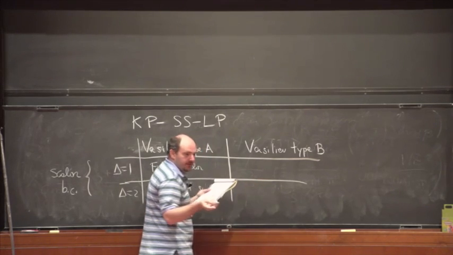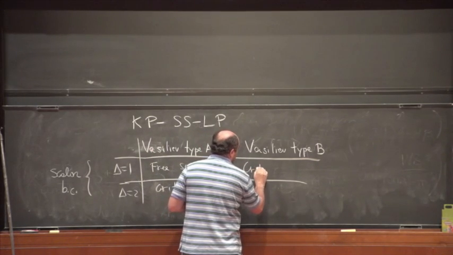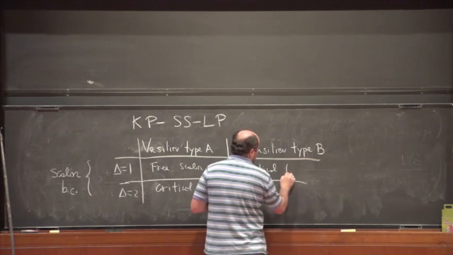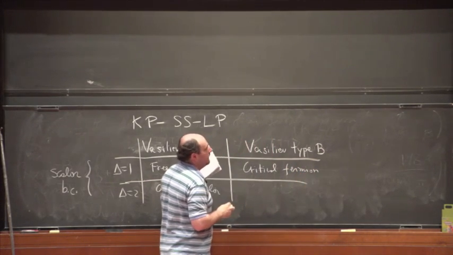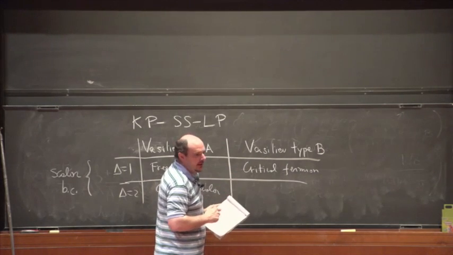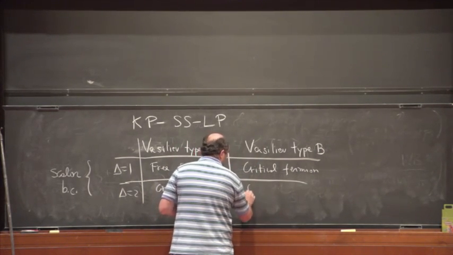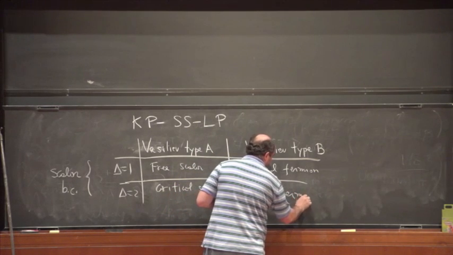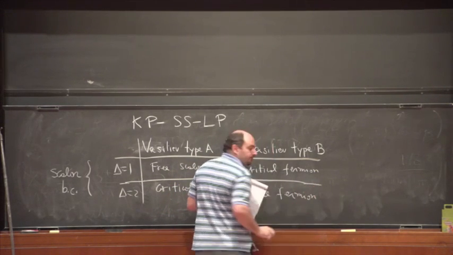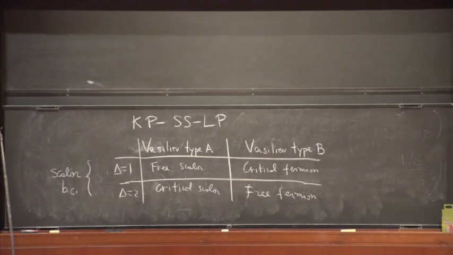And here the situation is just reversed, as we discussed. So delta equal 1 corresponds to the critical fermion, which is either the UV fixed point of Gross-Neveu or the IR fixed point of the Gross-Neveu-Yukawa model. And for delta equal 2, we are discussing the free fermion. So that's a summary of what we discussed so far.